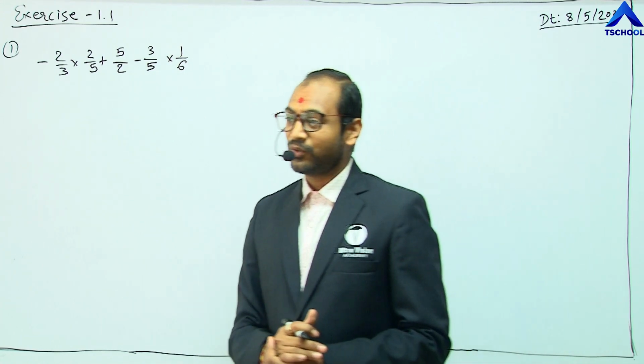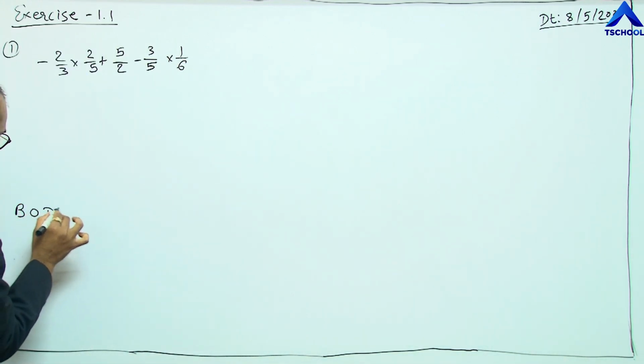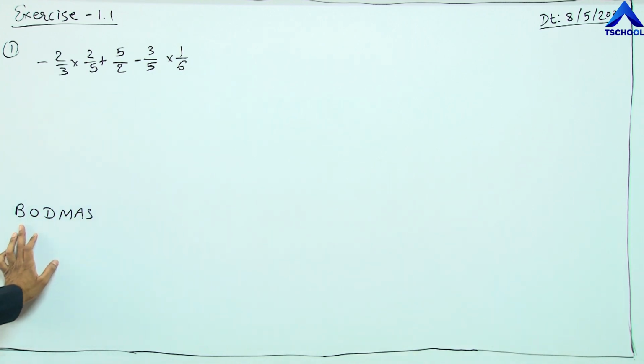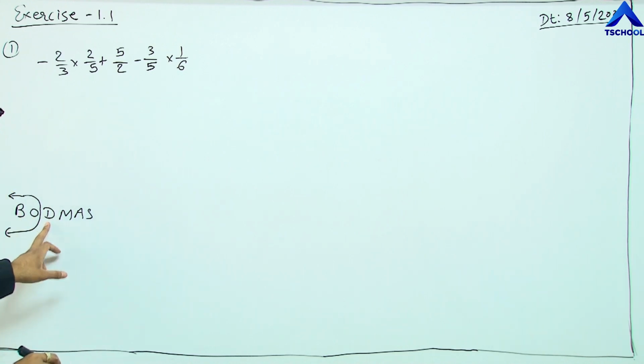We know the rule of BODMAS. B stands for bracket, O stands for of, but this is out of syllabus, you will learn it later. Right now we will do this first.